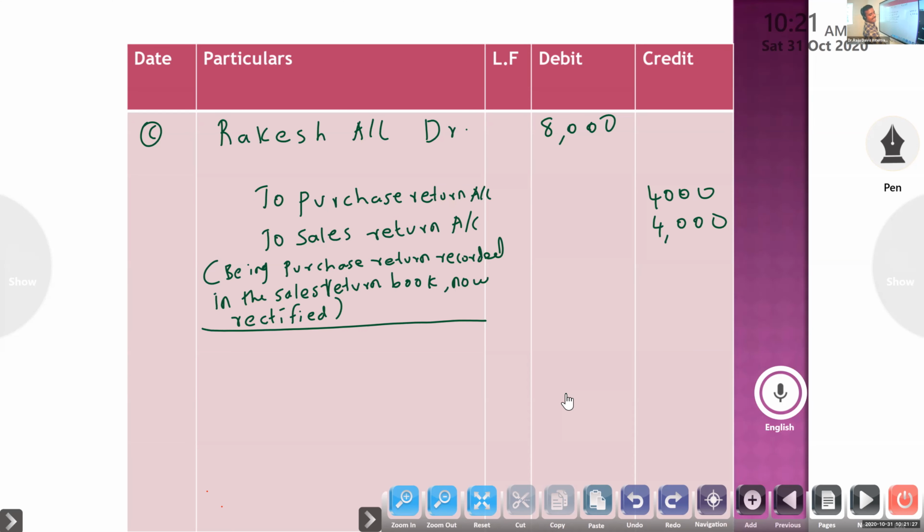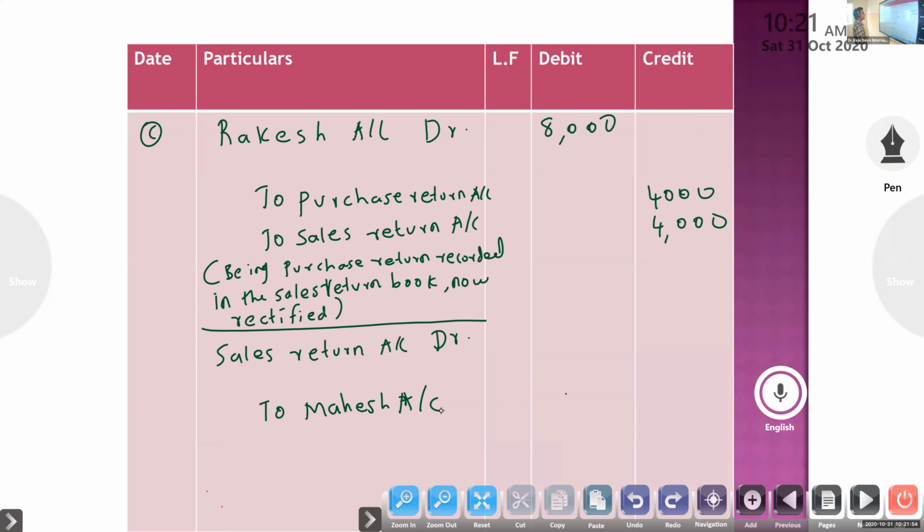So goods returned from Mahesh. Sales return account debited to Mahesh account. Yes, sales return account to Mahesh account. It is recorded in the purchase return.